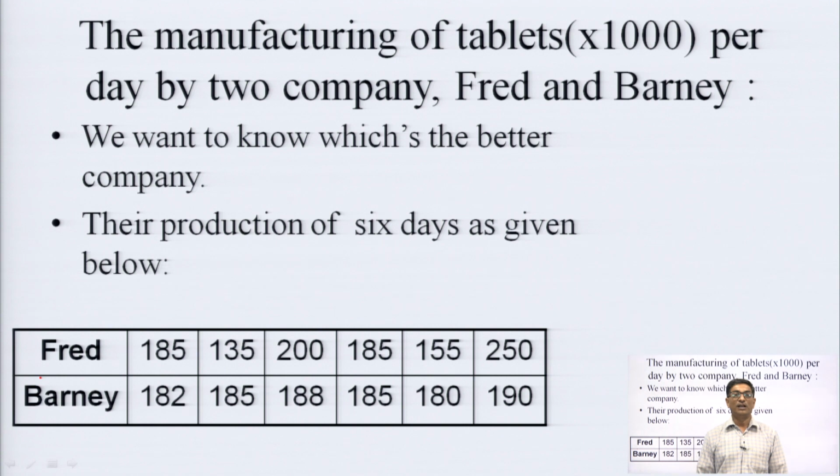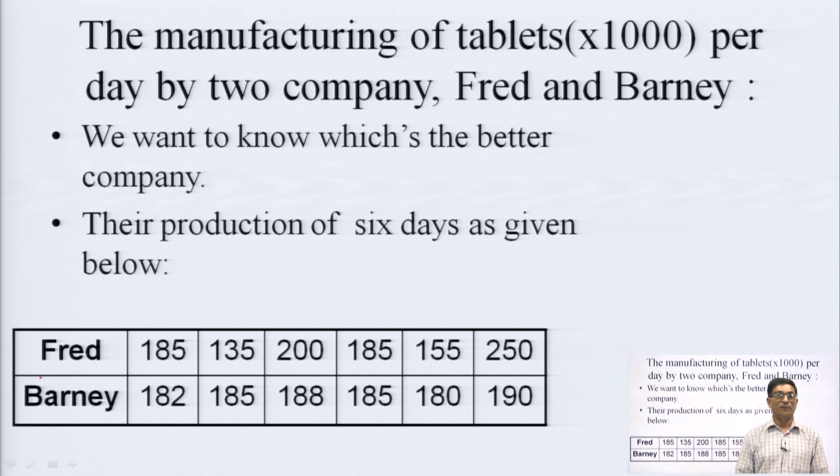First I introduce what is dispersion. To understand dispersion, we take an example: the manufacturing of tablets in thousands per day by two companies, Fred and Barney. We want to know which is the better company. Their production over 6 days is given below.